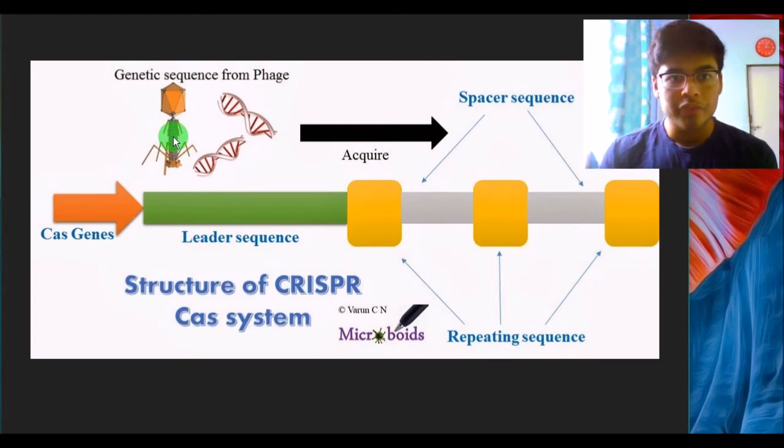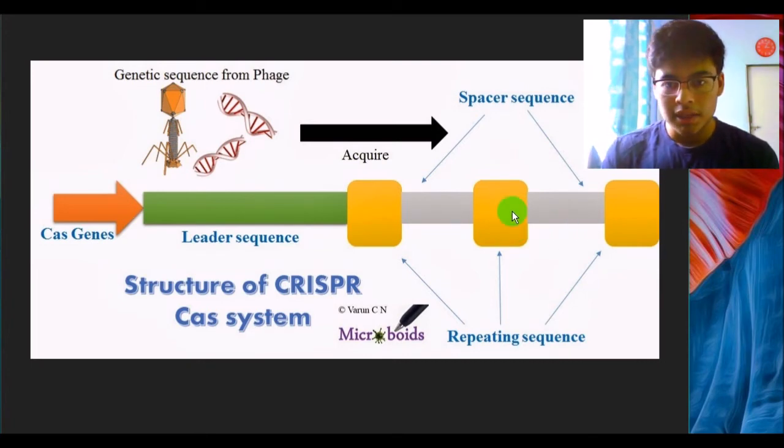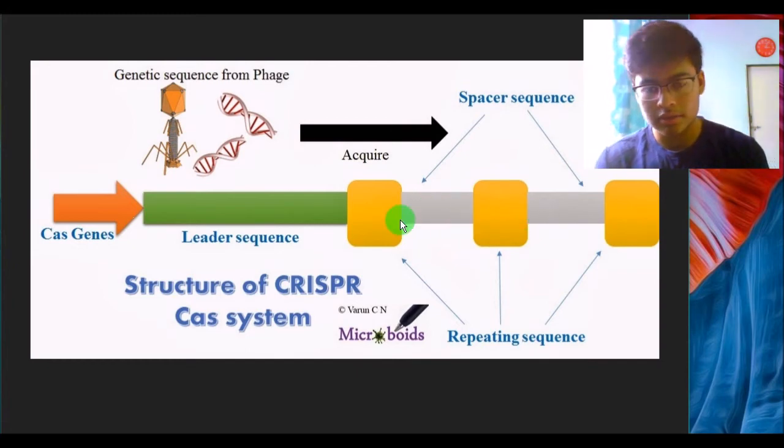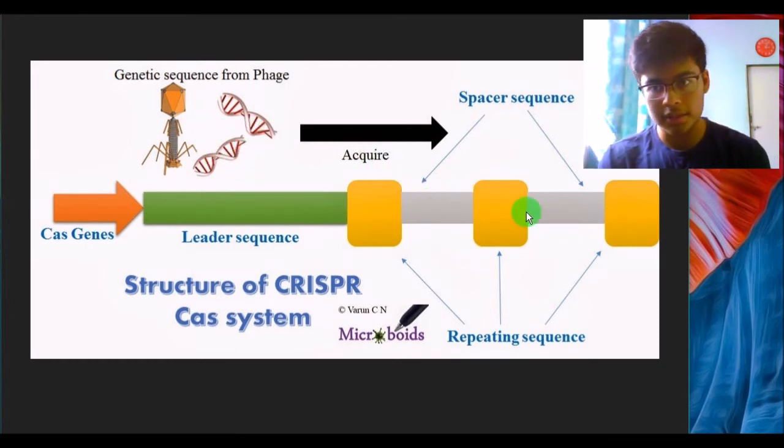Once it's fought the virus, it will keep the DNA of that virus in between these palindromic repeats. The repeats are here, and the interesting place is where the spacer sequences are. The DNA of these specific viruses will be kept in between these palindromic repeats.